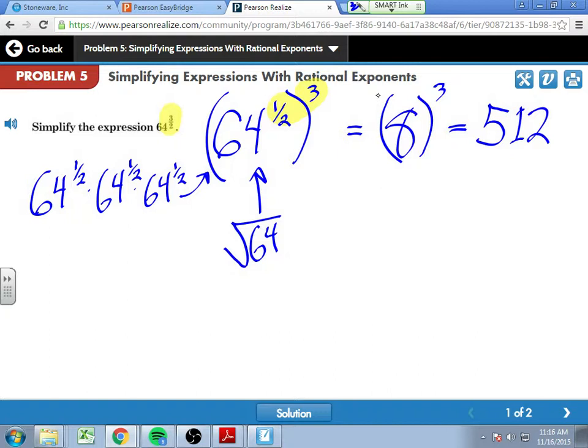The numerator just tells you how many of them you have. So we take the numerator, put it outside, and the denominator told me it was square root of 64. So this is really just square root of 64 cubed. Square root of 64 is 8. Cube 8, we get 512.